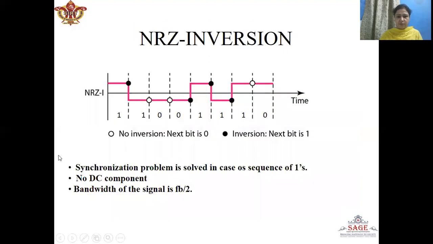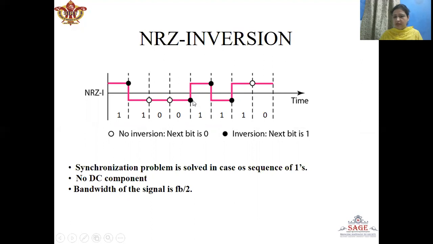Now NRZ inversion. Here the inversion occurs when bit 1 comes, whereas there is no inversion when the next bit is 0. So here we can see that initially the binary 1 bit is represented by high level. Now since the next bit is 1, it will have inversion from plus V to minus V. Now again the next bit is 0, there will be no inversion. Then 0, there will be no inversion.